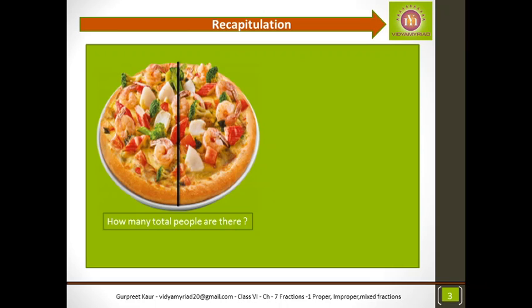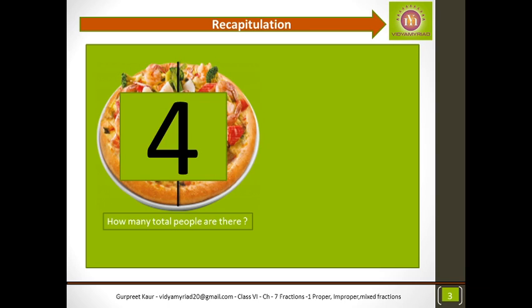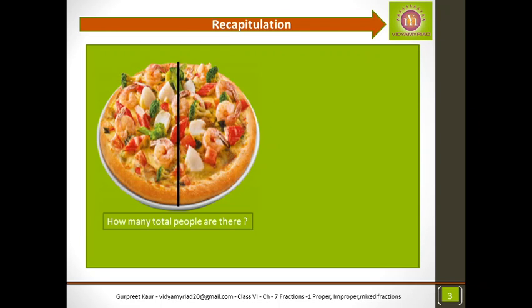And now my 2 more friends have come. So how many total people are we now? We are 4. So will it look good if I divide the pizza into 2 parts, or should I divide it into 4 parts, so that we all can have an equal share? Let me divide it into 4 parts. Now see, all of us can have an equal share.